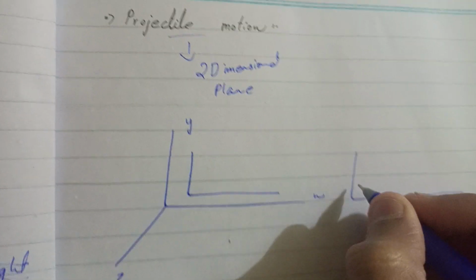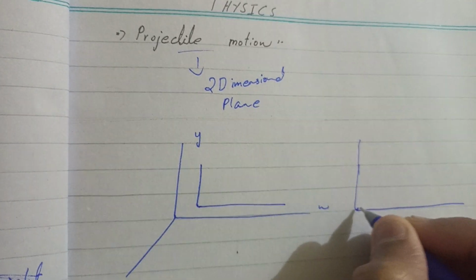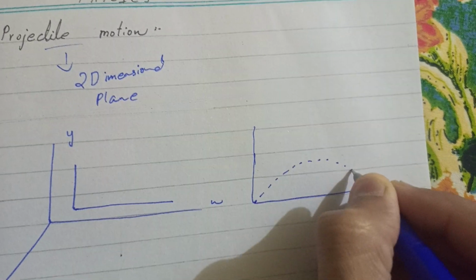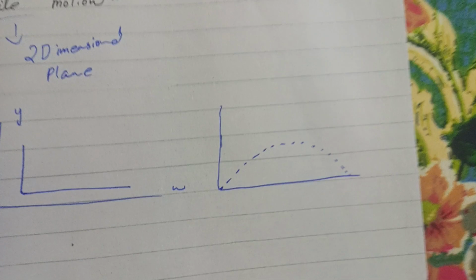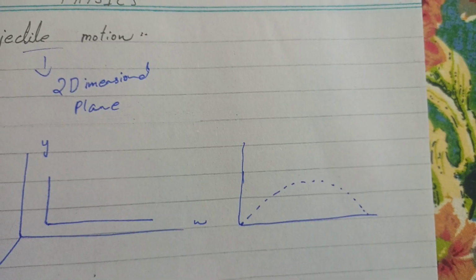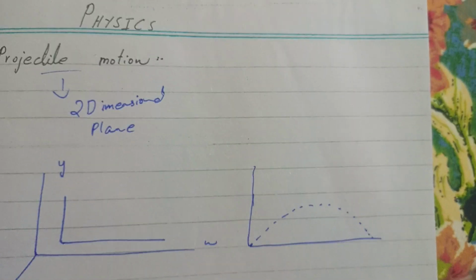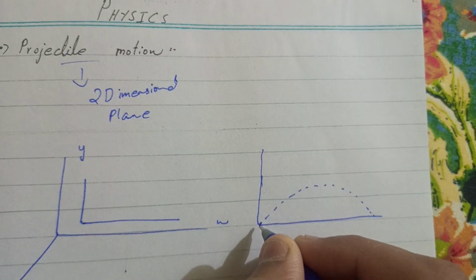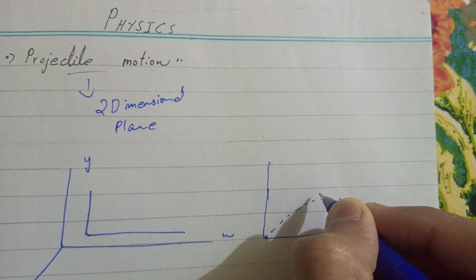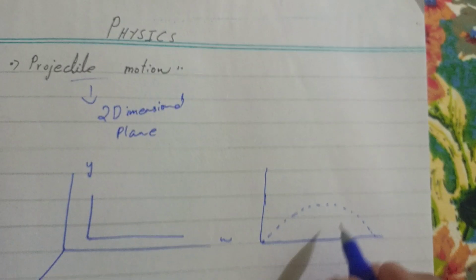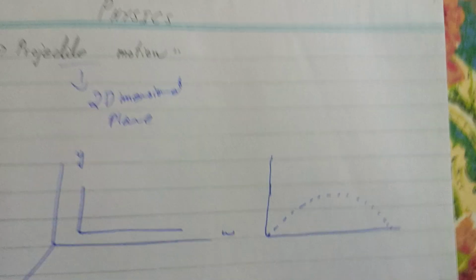If you throw a ball from this direction, it will go like this. You cannot deny this image; it is certain that it will happen. If you throw a ball at this angle toward that side, it will come down right here.